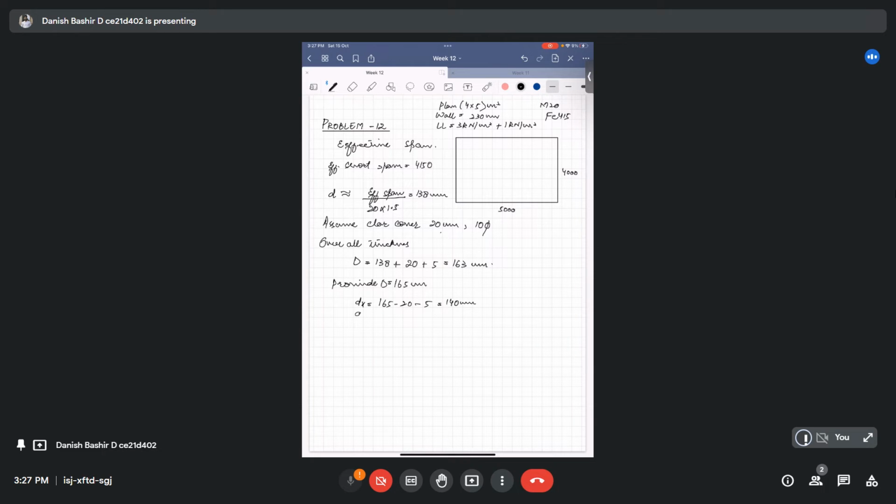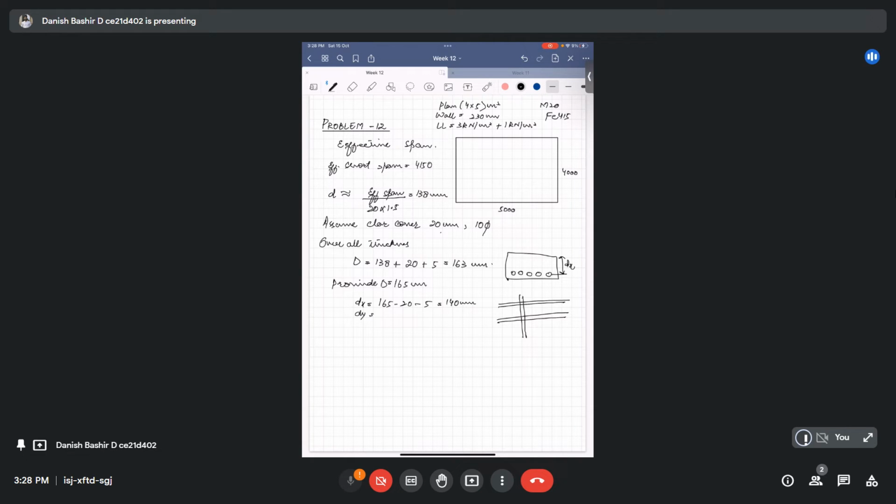And dy, now this dy depth will be reduced, because we are providing the reinforcement along one direction like this one, and then we are providing the orthogonal reinforcement over it, so this much of depth will get reduced. If bars are provided along this direction, the effective depth is dx.